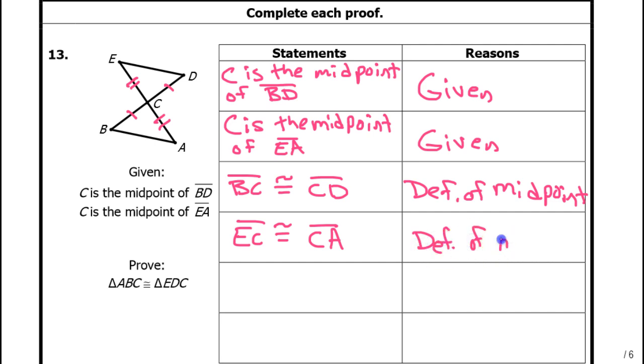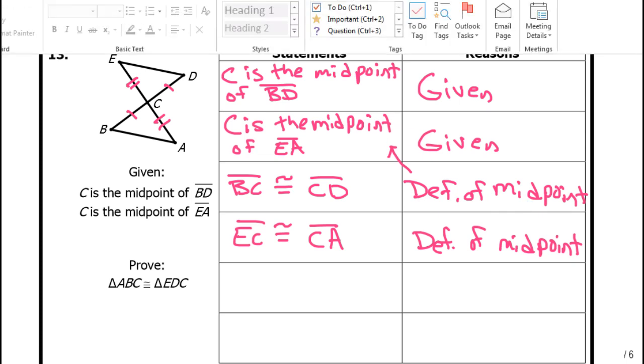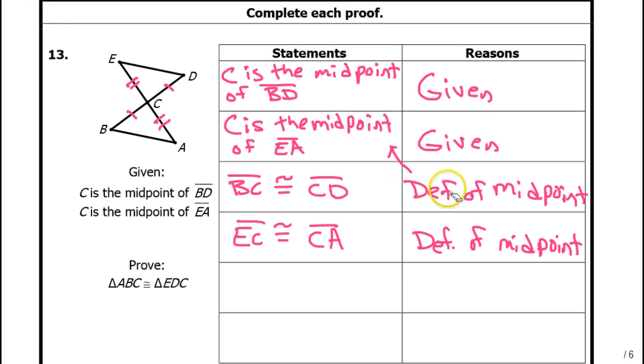If you look diagonally to the previous statement, it will give you a hint for what the reason will be. C is the midpoint of EA, definition of midpoint, those match. All right, if this had said bisector, we'd be talking about definition of bisector right now.